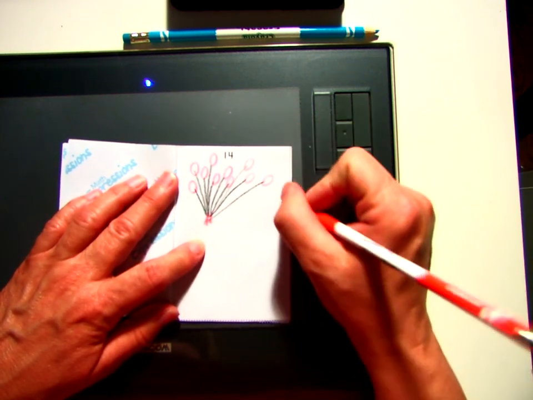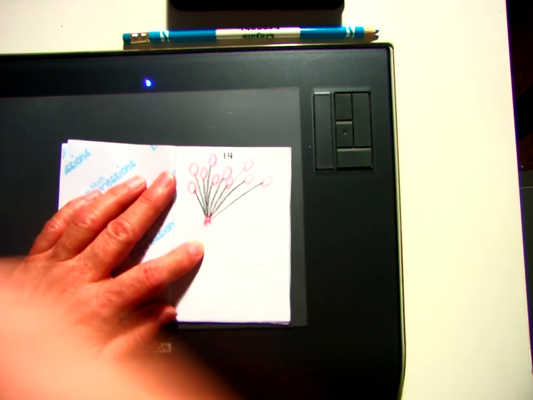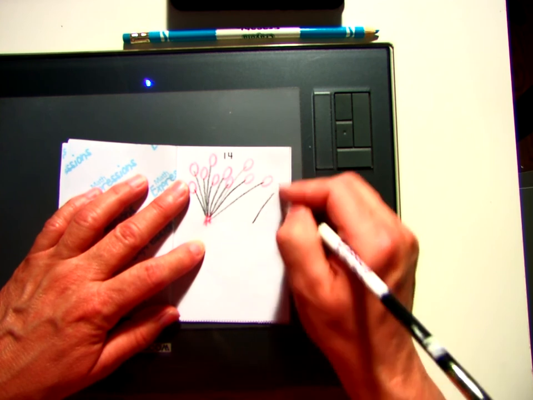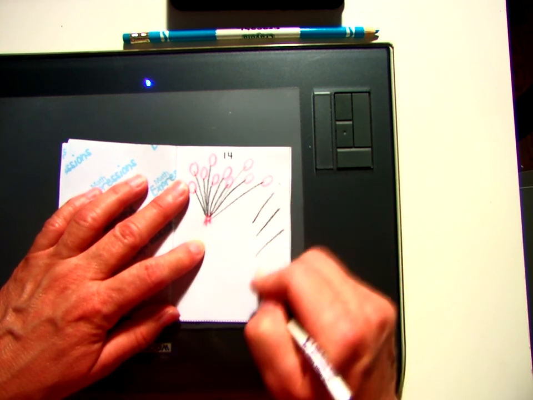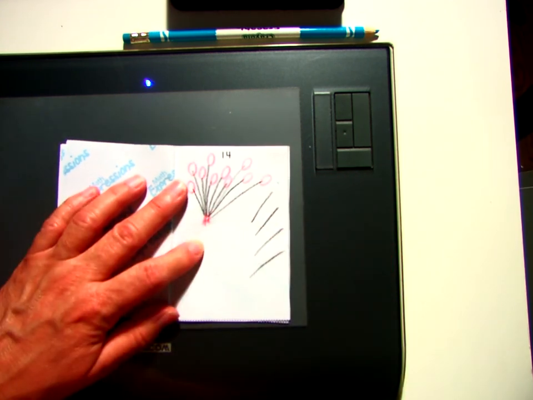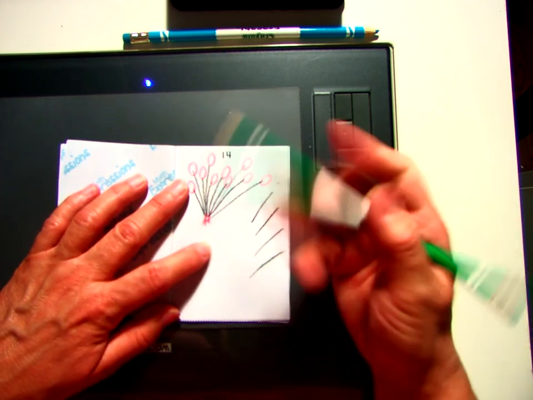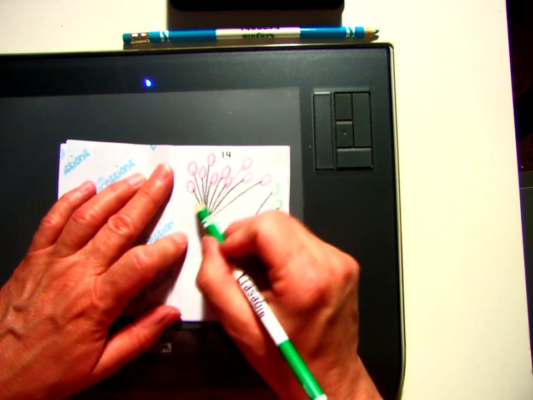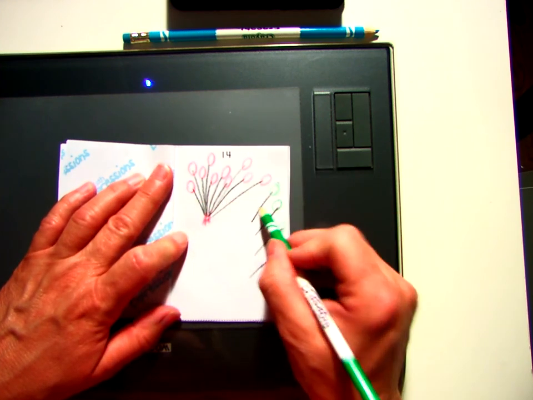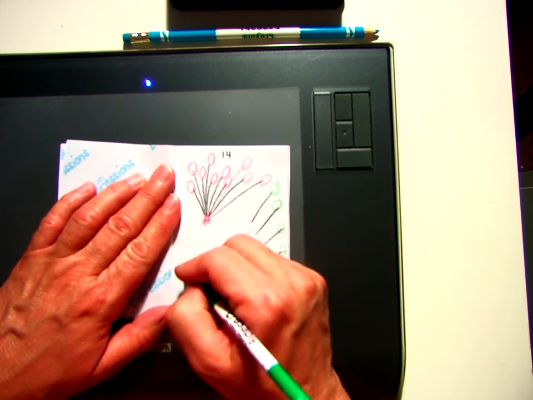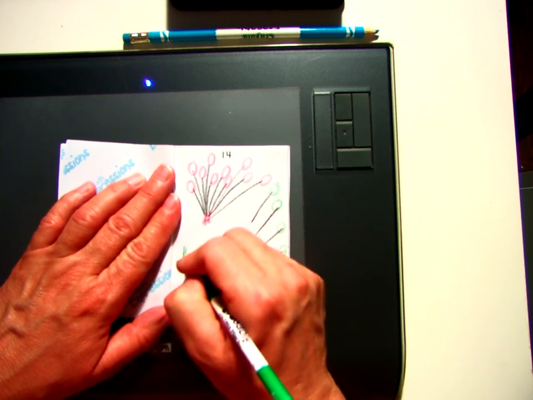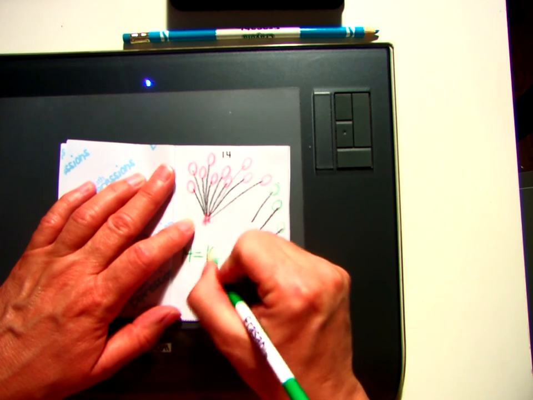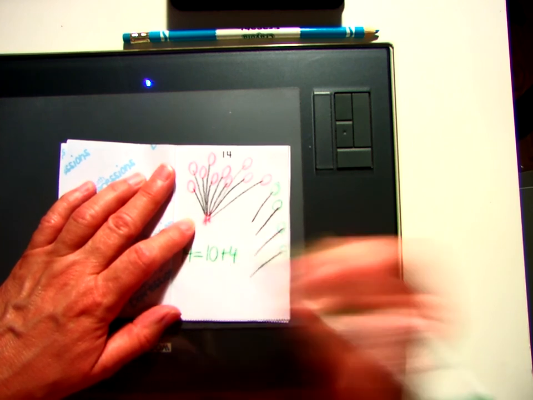And then here is 14, so 4 of them are flying away over here. I'll make those green. Do you see that? So you have a group of 10, 11, 12, 13, 14. Or you could write it as an equation and say 14 equals 10 plus 4 single ones, okay?